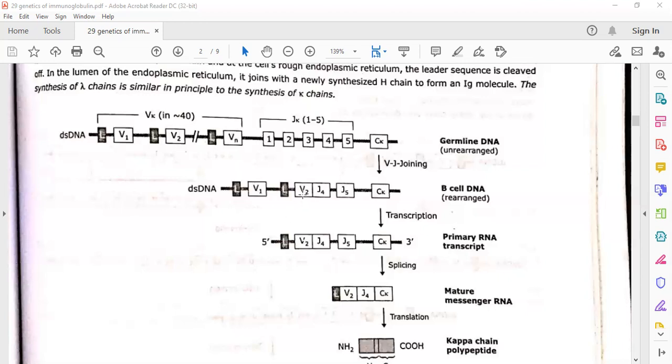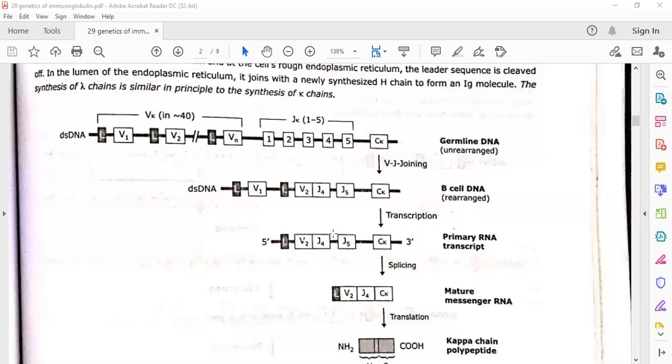Okay, so V2 is selected here. Now time to select J4. For the selection of J4, a cut will be made by nuclease enzyme from here to here, J3. So J1, J2, J3 will be removed, and then a cut will be made here, from J4 to J5, and they will go to transcription.